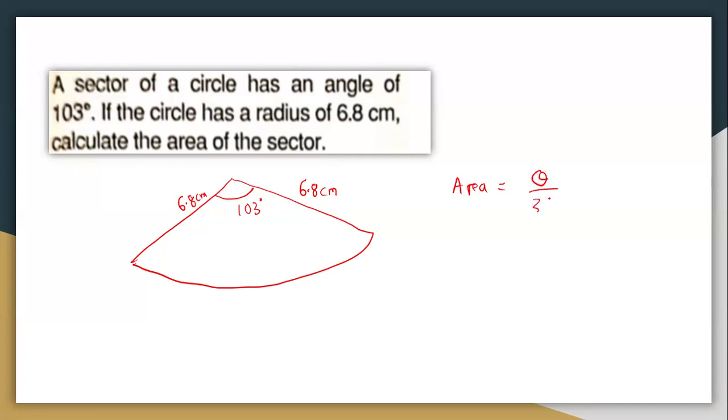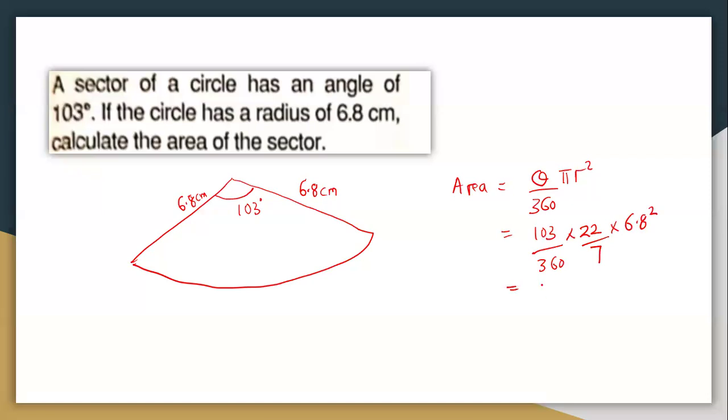And our theta that they have given us is 103 over 360 times 22 over 7, then times 6.8 squared.